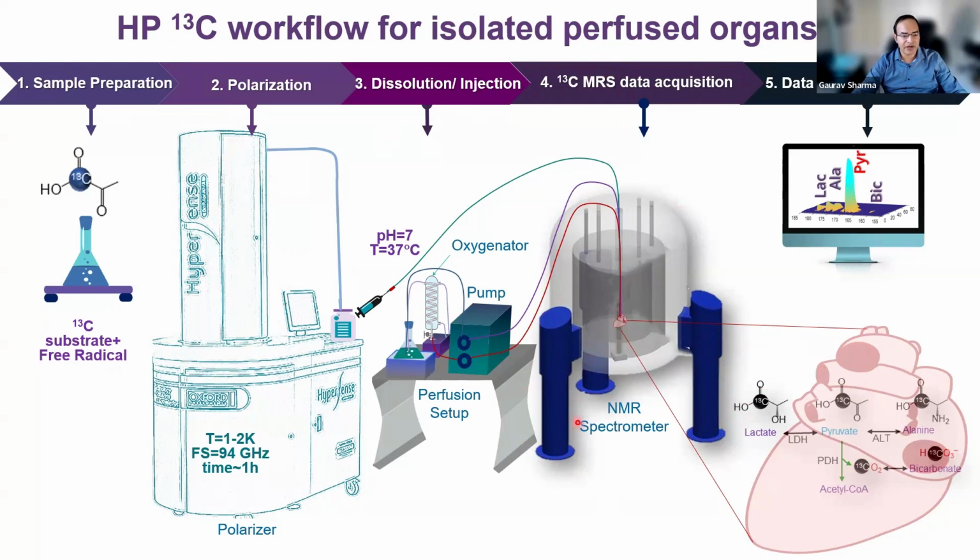This is a typical NMR system, a spectrometer. We hang the perfused isolated organ in there, which is directly perfused and connected to the roller pump and the perfusion setup. While it is perfusing, we give a bolus of the hyperpolarized carbon-13 material after the polarization, and we get a very nice spectra. This is the same pyruvate which is converting to lactate, and also through acetyl coenzyme A it is converting to bicarbonate.